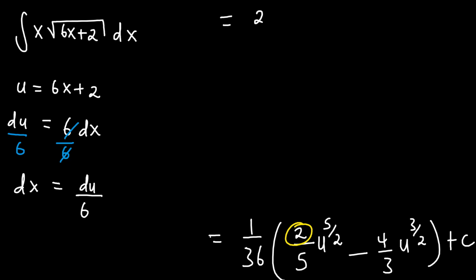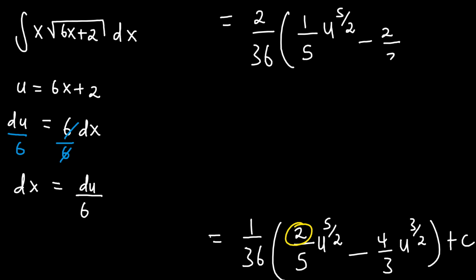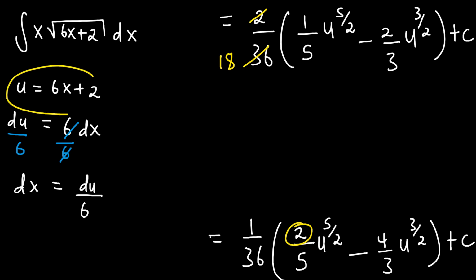This will give us 2 divided by 36 into, now for the first part we shall remain with 1 divided by 5 times u to the power of 5 over 2 and then minus, for the second part we shall remain with 2 divided by 3 times u to the power of 3 over 2 and then plus c. Now 36 divided by 2 will give us 18. And we also know that u equals 6x plus 2.